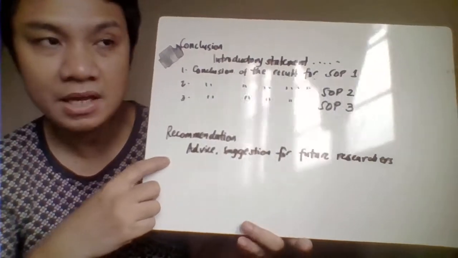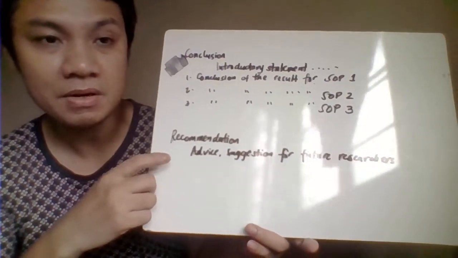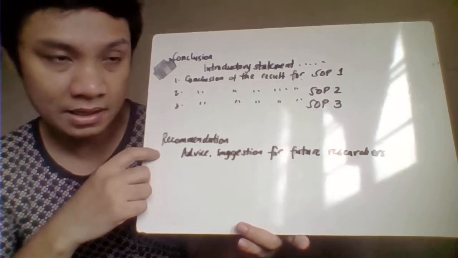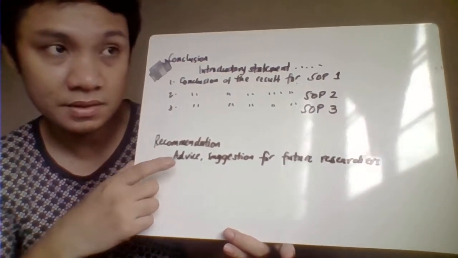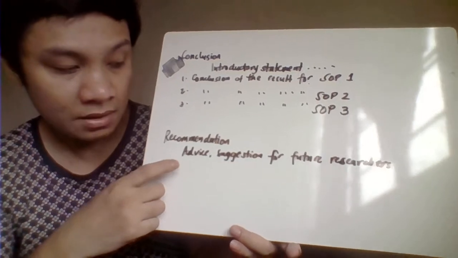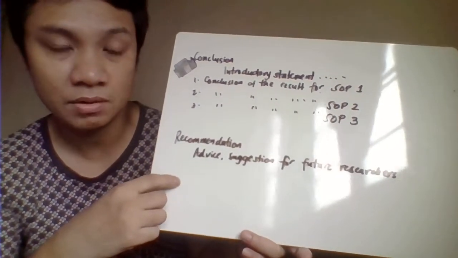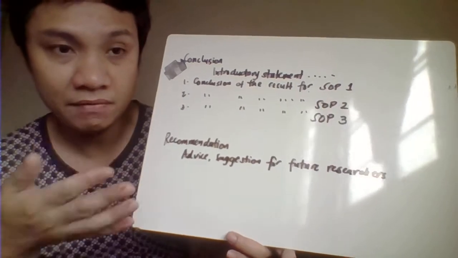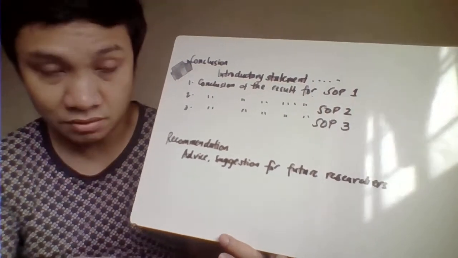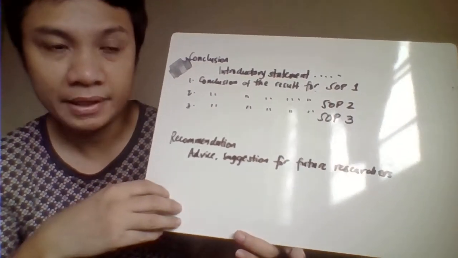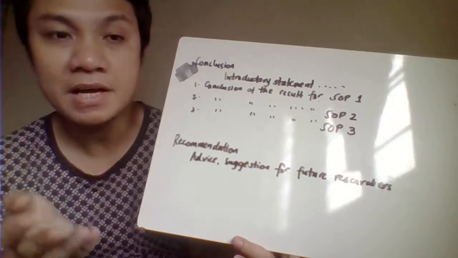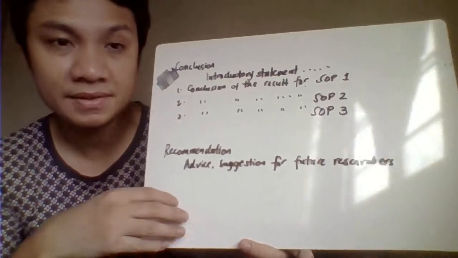For the recommendations, it is written here as Recommendation, with a capital letter R and small letters for the rest of the word. And then what you're going to discuss here are the recommendations. Try to give advice, a suggestion, or even think about the shortcomings of your study.